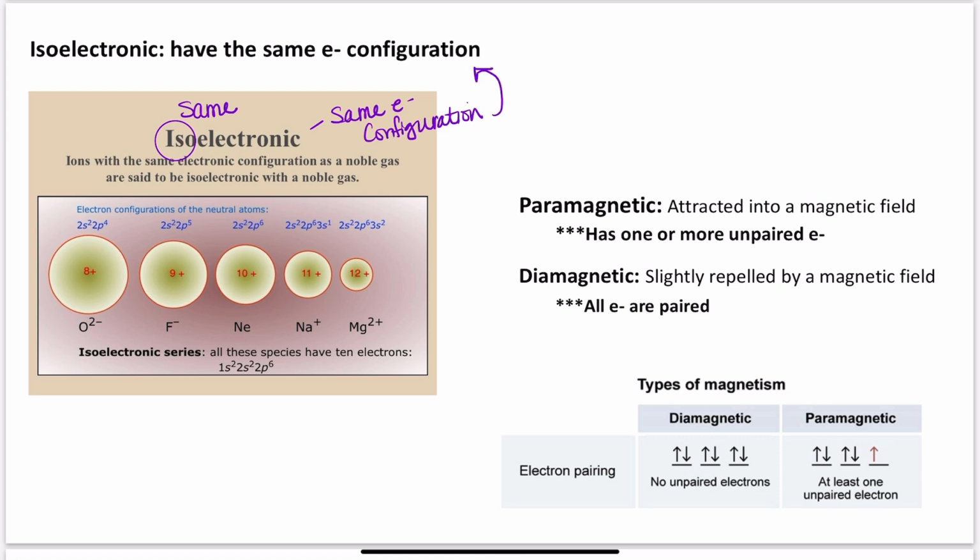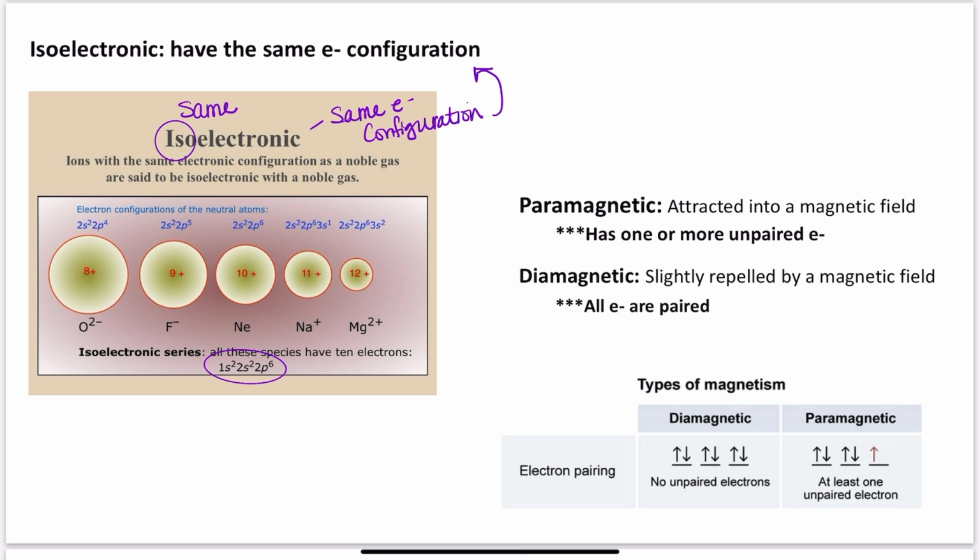You don't have to be isoelectronic to a noble gas to be isoelectronic. Any two species that have the exact same electron configuration are isoelectronic. Okay, it's just that this is showing you why sodium wants to lose an electron, why magnesium wants to lose 2 electrons, why fluorine wants to gain 1 electron, why oxygen wants to gain 2 electrons. They want to be isoelectronic with neon to have that full filled outer shell, full filled shells in general.